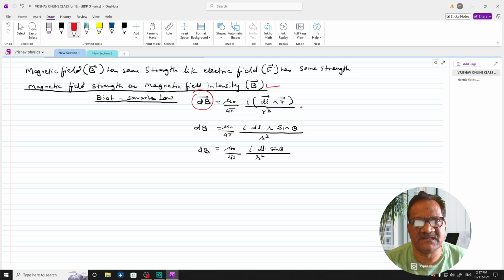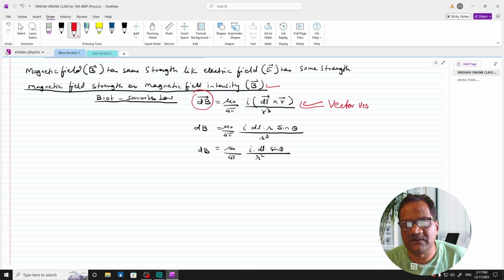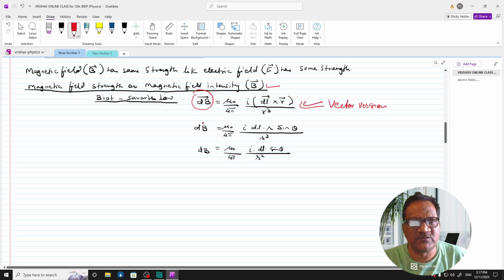This is a law which will help you in finding dB. Since it is in the vector form, this is known as the vector version of Biot-Savart's law.